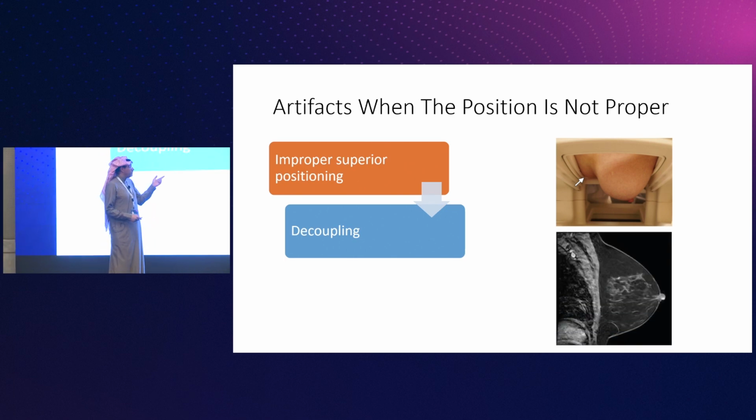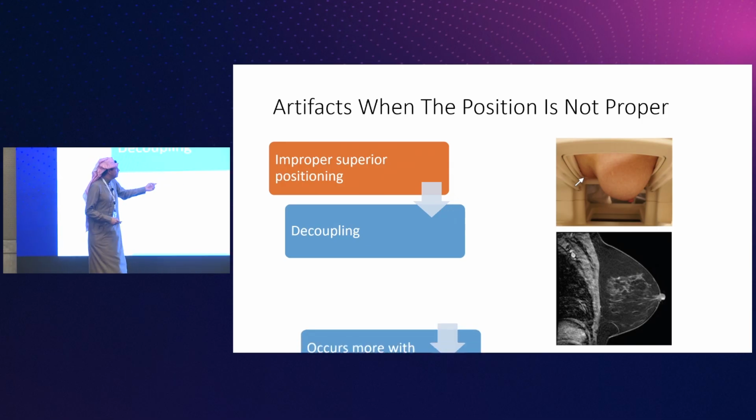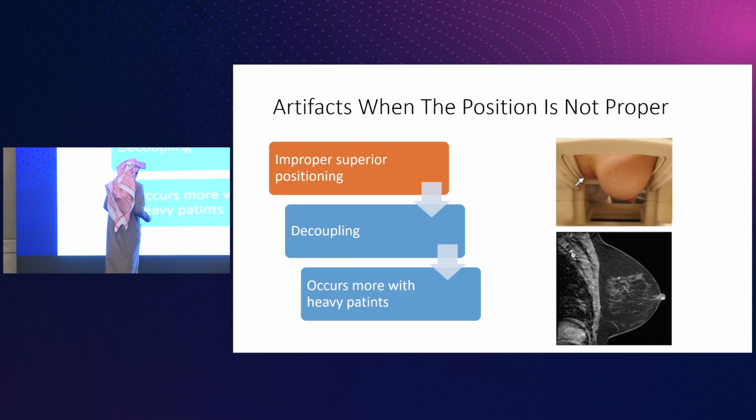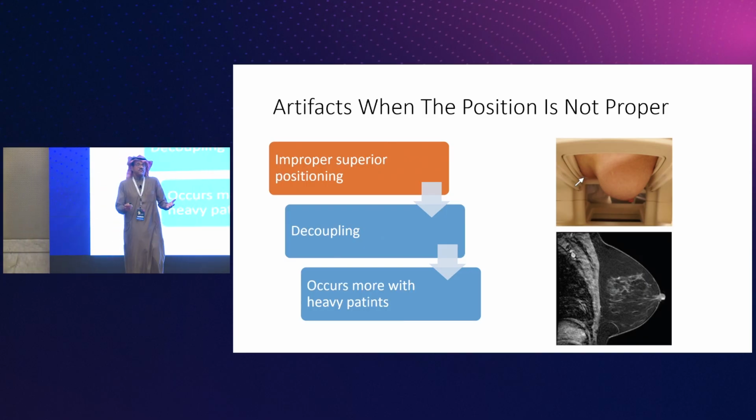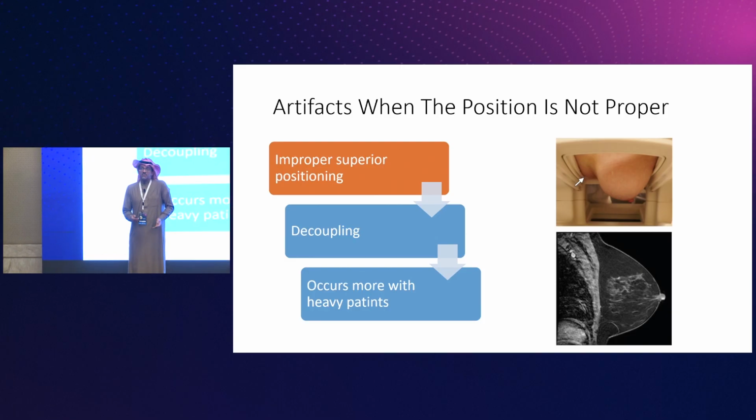You see, when you just adjust the position, this is the result. It occurs more with heavy patients. So in this situation, even if you adjust the position, you might end up with the same artifact.